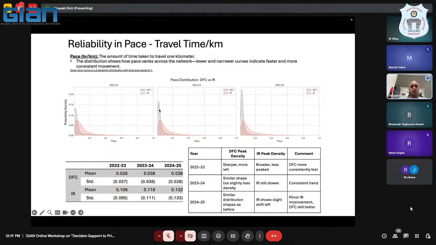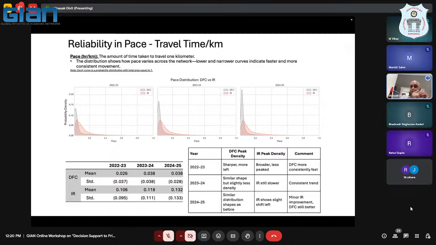Usually what you find is that the DFC has lower hours per kilometer and is tighter. The gray is the DFC, and the red is IR, Indian Railways. So we are able to say that the pace, the hours per kilometer, is smaller for DFC, right? That's what you want.